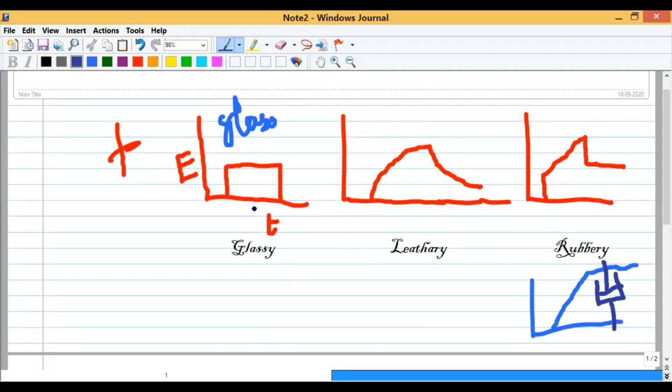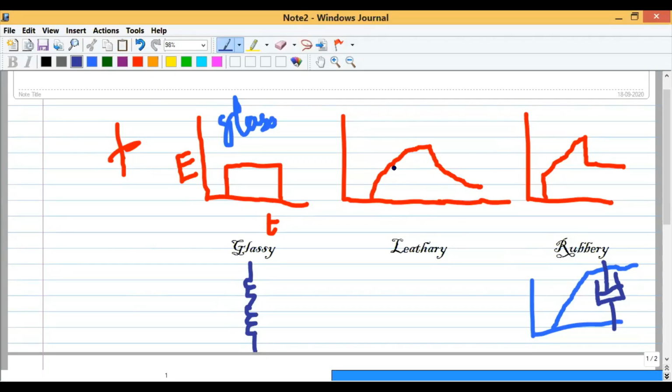Here, if you want to draw a model for this, how to draw it? Elastic: a spring only. And here we have a combination of these two, a combination of dashpot and that.